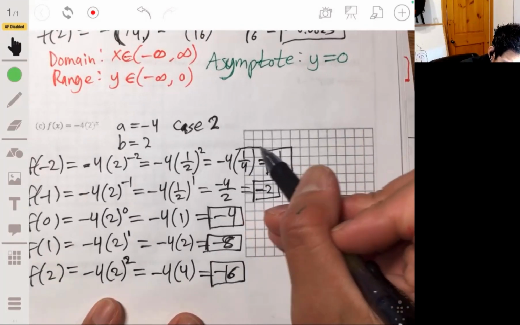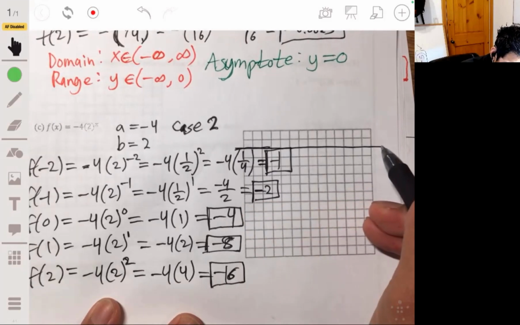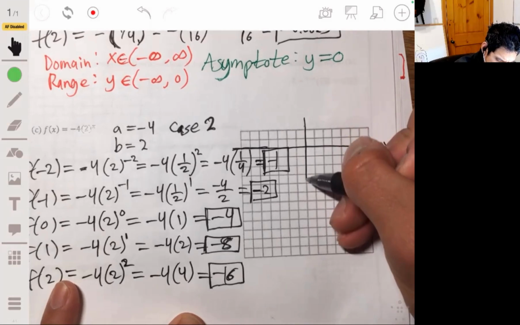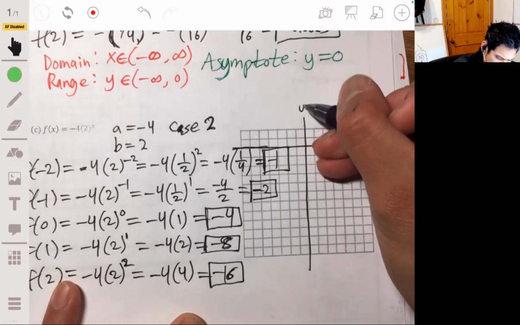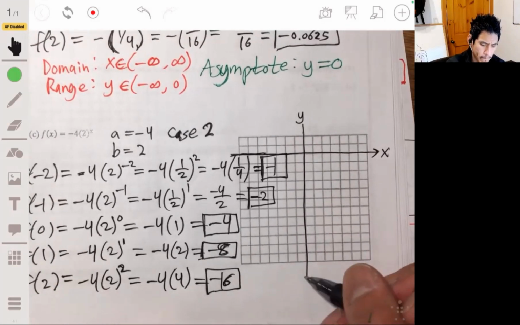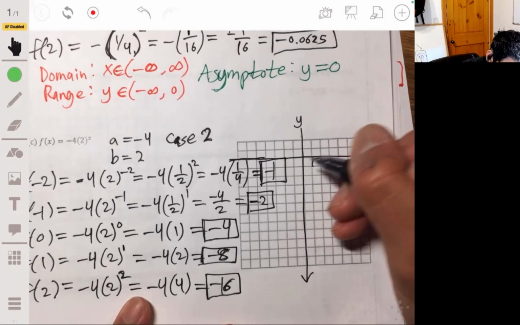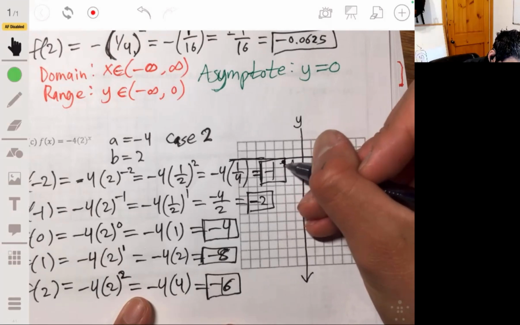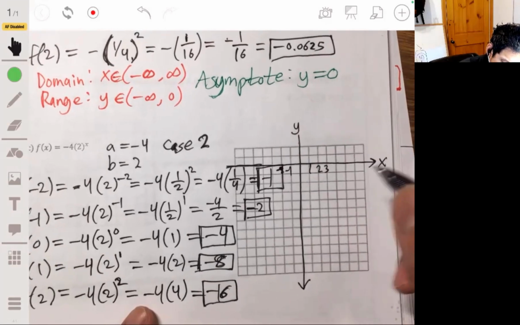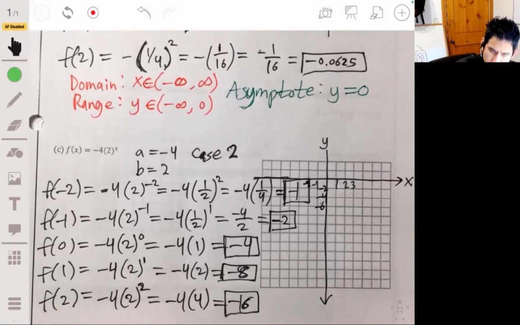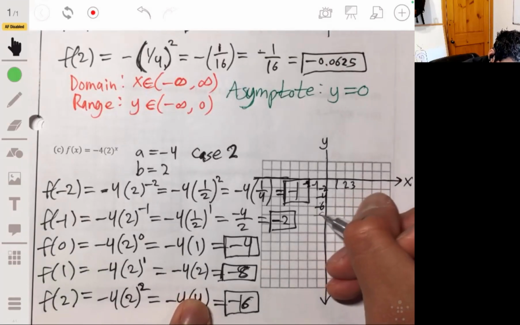And again, it'll be below the x-axis since it's case 2, and the numbers are showing this. So we're going to have a graph like this. 1, 2, 3, -1, -2, -3. You got to get to -16, so let's go by 2s.